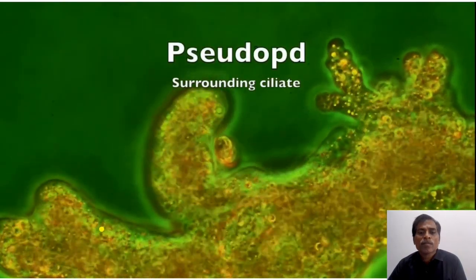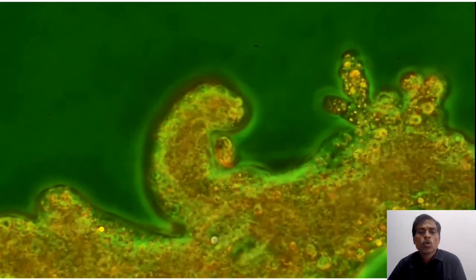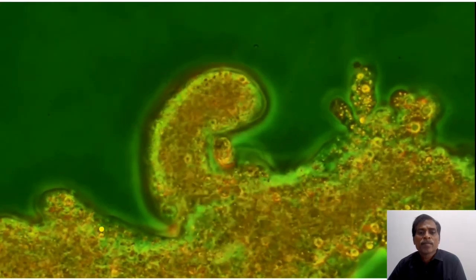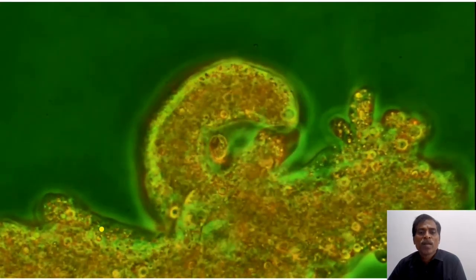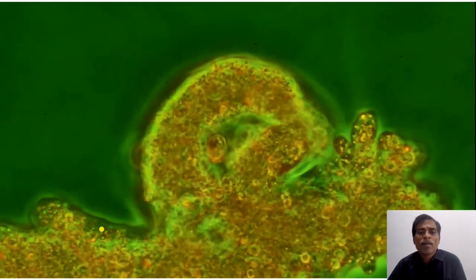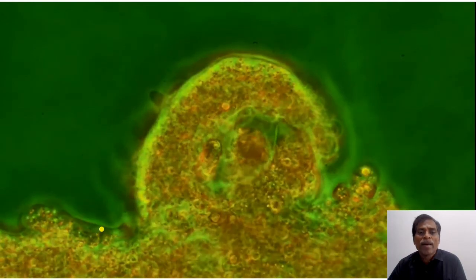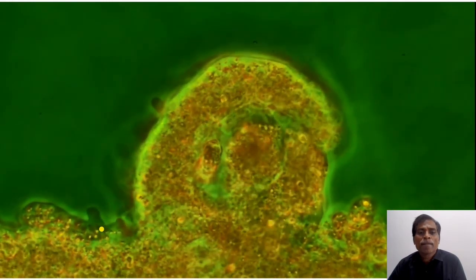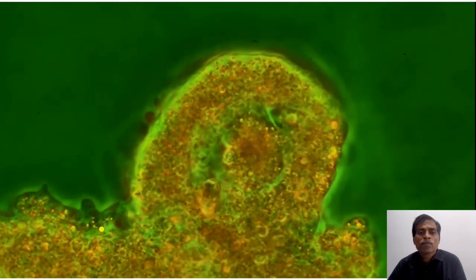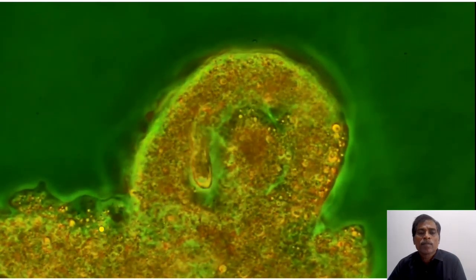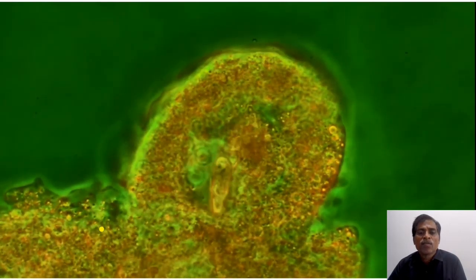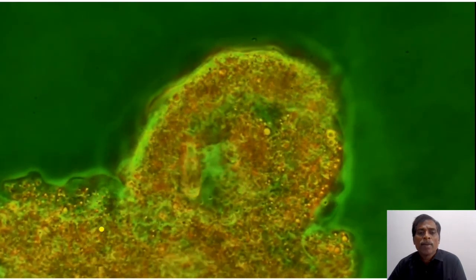Now, two pseudopodia are fused around the food substances, a paramecium. Then a food vacuole is formed around the paramecium.